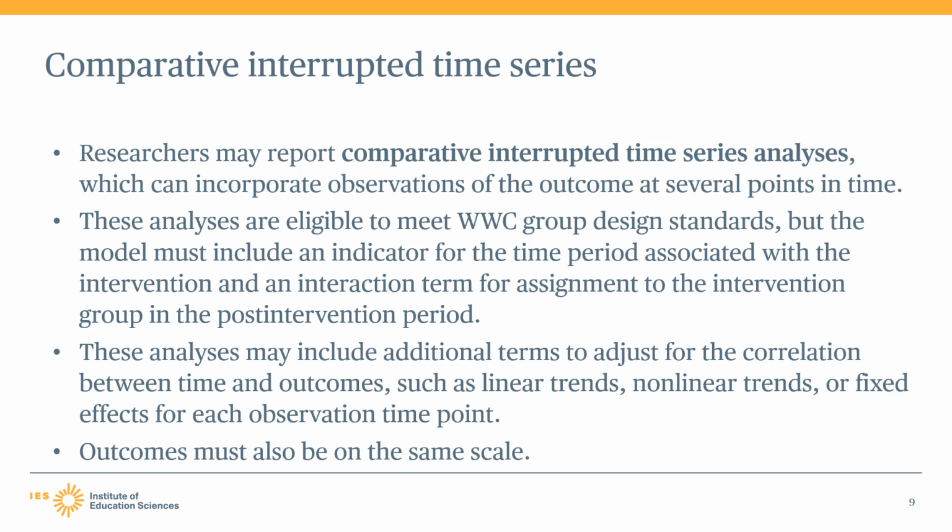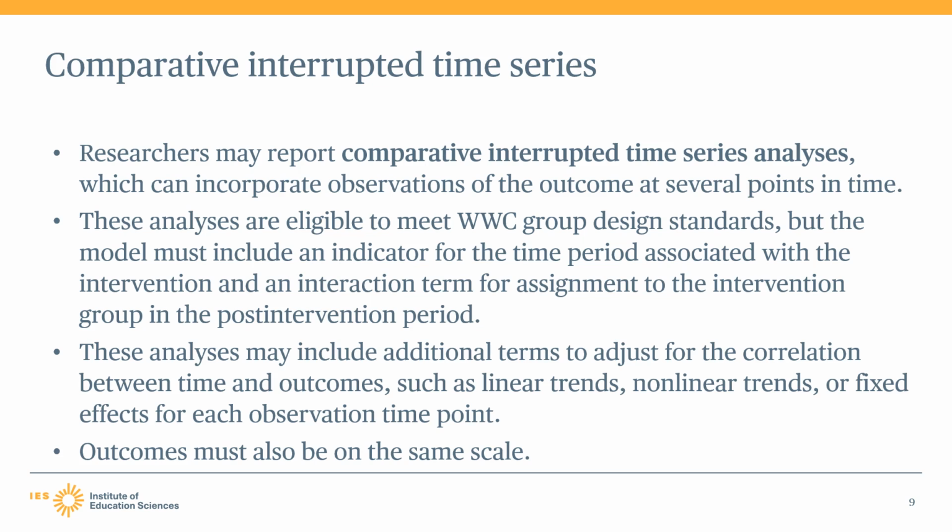Some researchers conducting comparative interrupted time series analyses also may include additional terms in their impact estimation model in order to adjust for the correlation between time and outcomes, such as linear trends, nonlinear trends, or fixed effects corresponding to each observation time point. And these additional terms in the impact estimation model are acceptable.